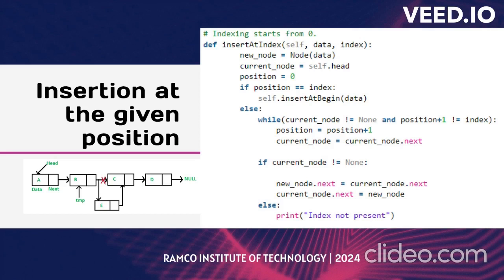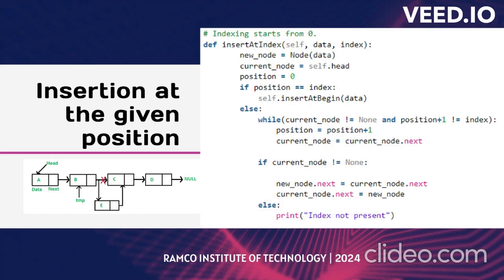For example, if the user gives input as 3, we have to traverse the list until we reach the second index. Once we reach the second index, we can directly change the address of the previous and the next element to make the correct link.